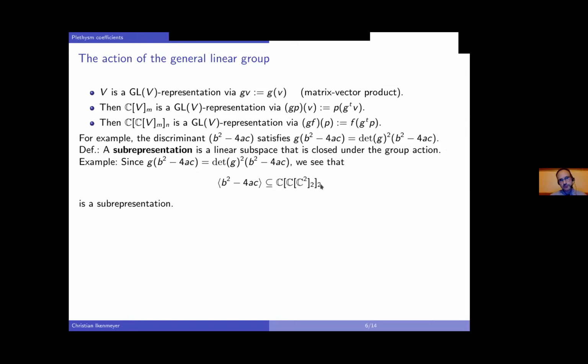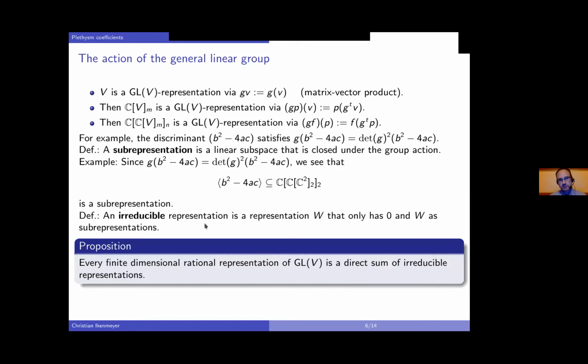This notation is of course terrible, and there are other notations for this, but I didn't want to introduce much more notation for the talk. So this is the notation: polynomials homogeneous of degree 2 on that space. So this is our 6-dimensional vector space from before. And this is a 1-dimensional linear subspace, and that's a subrepresentation here in this case.